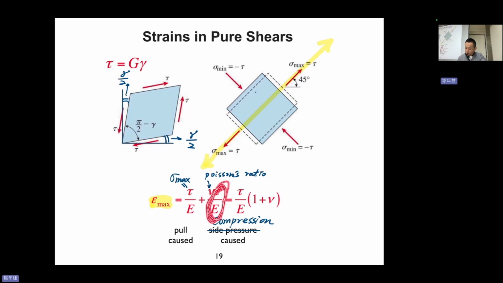And compression has a minus sign, but because the nu here has a minus sign as well, you can have tau divided by E times 1 plus nu. So epsilon max actually becomes this one.